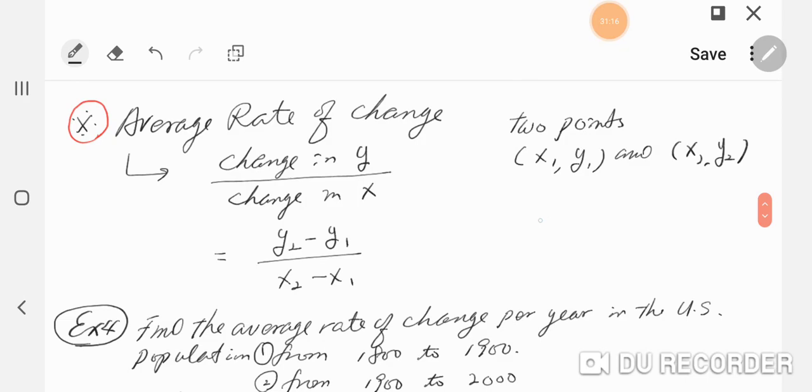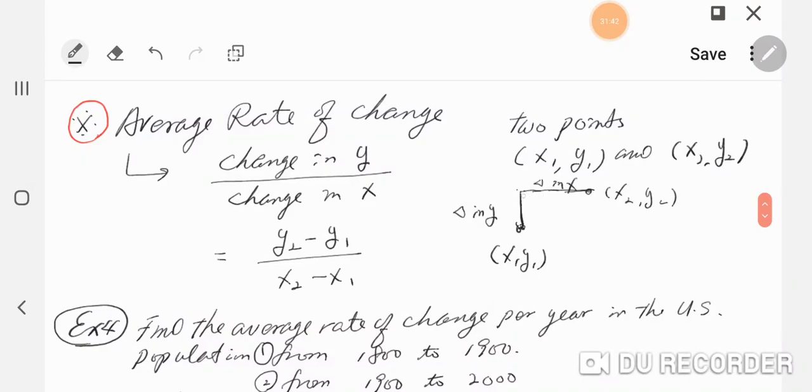So let's look at this. Here are 2 points, like this. This is x1, y1. And this is x2, y2. Then the vertical distance is the change in y, and the horizontal distance is the change in x.